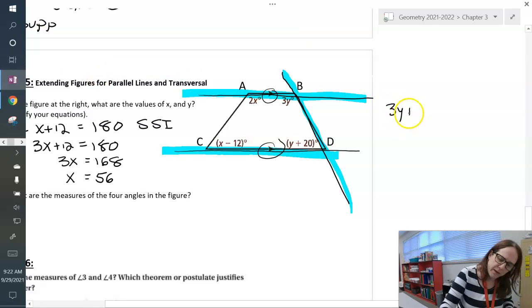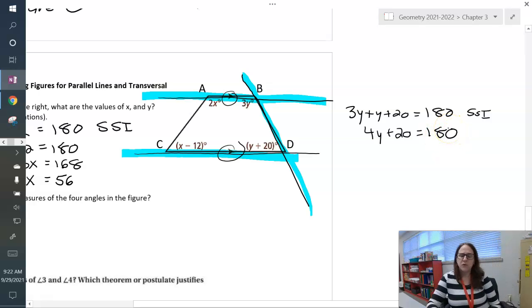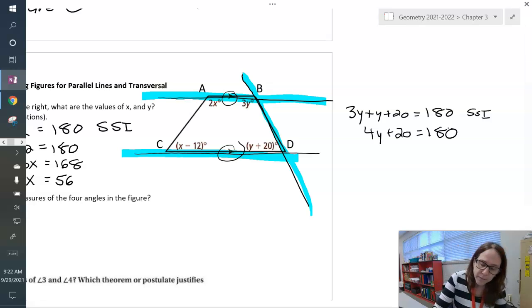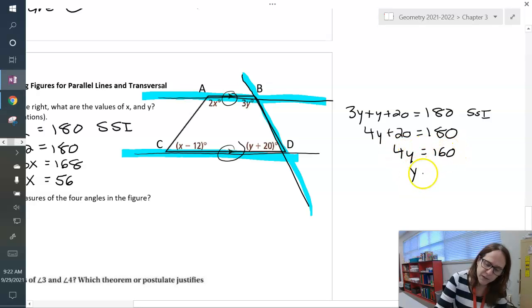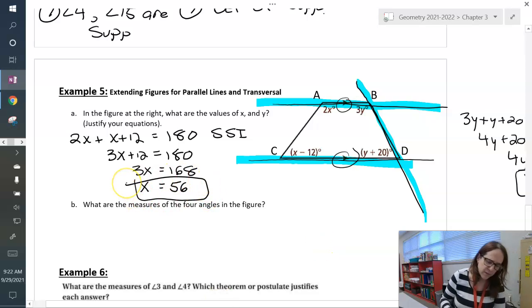So 3y plus y plus 20 equals 180, same side interior. And I'm just writing that first equation. That's the geometry. Now all I'm doing is algebra. I've combined like terms to get 4y. I'm going to subtract 20 from both sides. So 4y equals 160. Then divide both sides by 4. Y equals 40. So there's my two answers, 56 and 40.